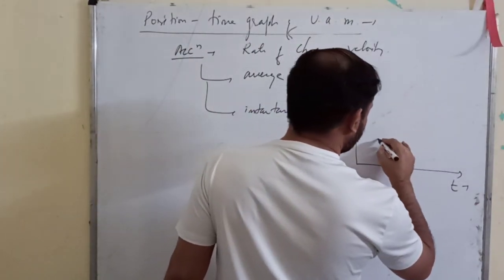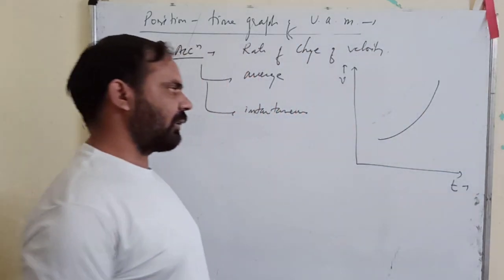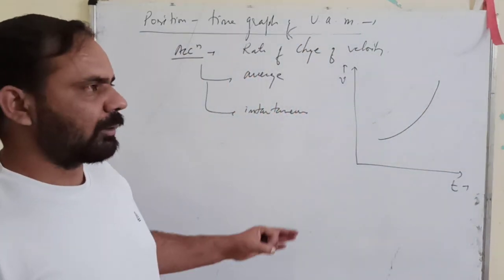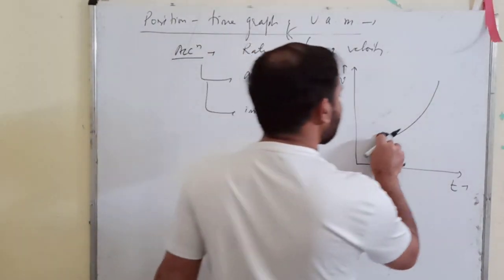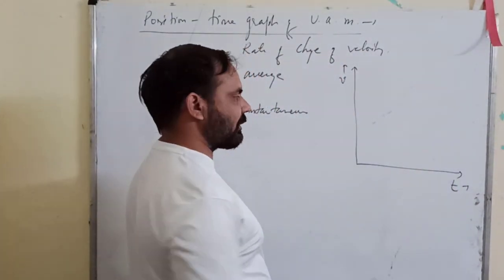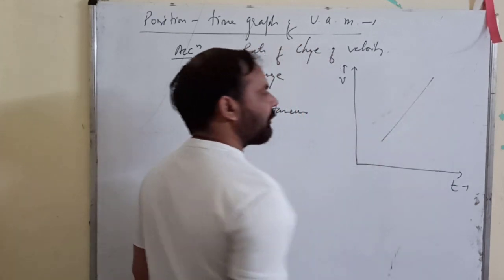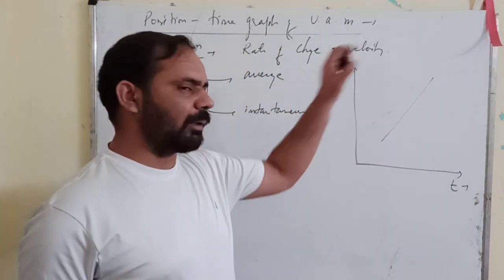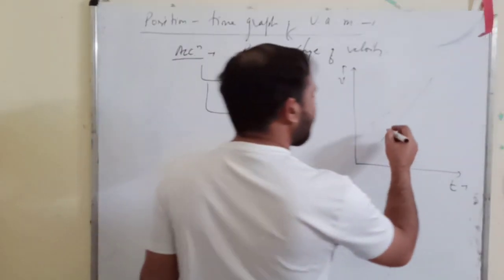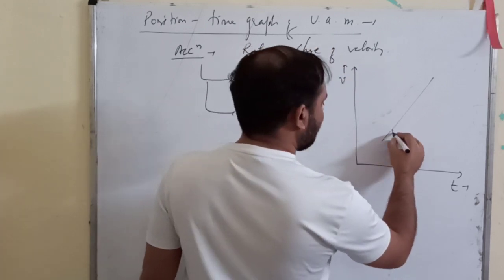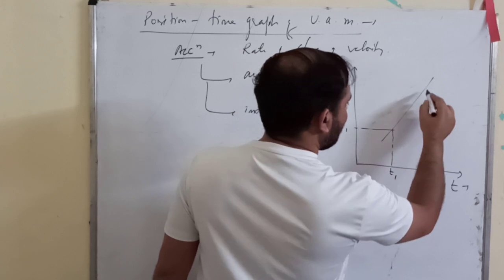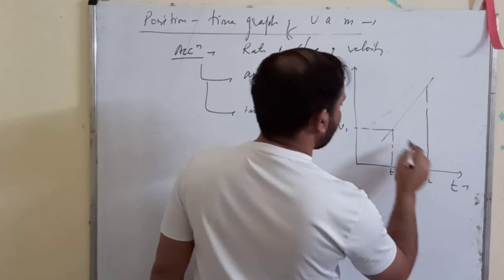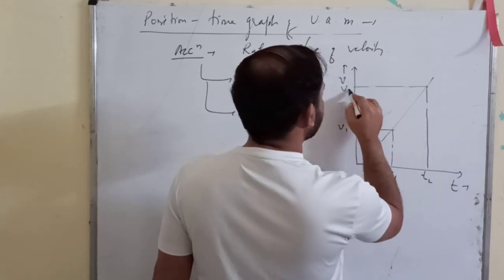First let us start with uniformly accelerated motion. Suppose you have a uniformly accelerated motion, the vt graph will be a straight line. Suppose at t1 the velocity was v1, and at t2 the velocity was v2.